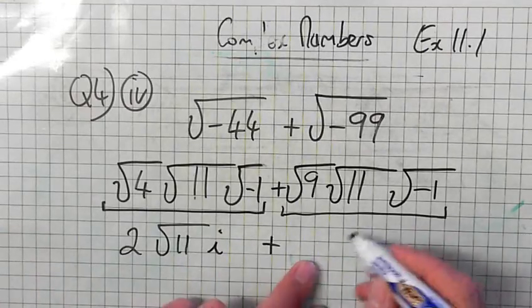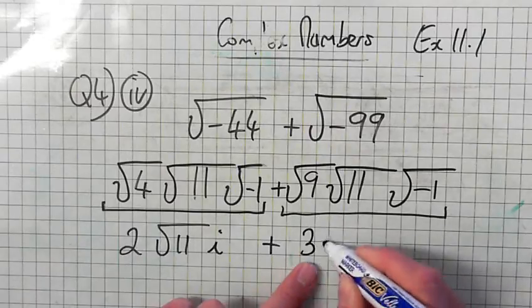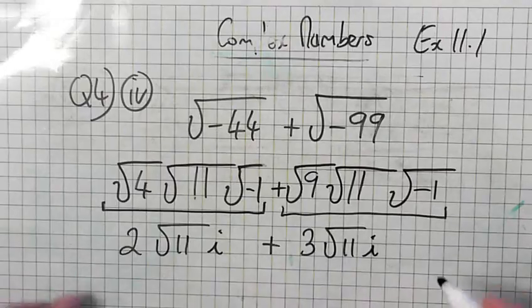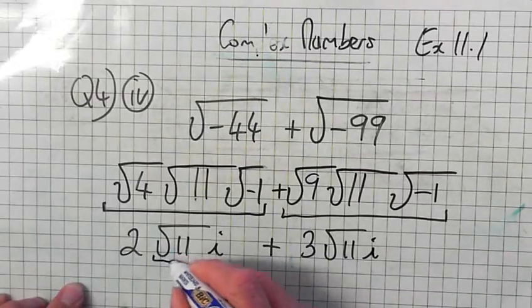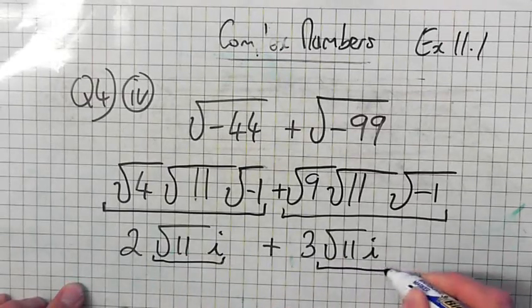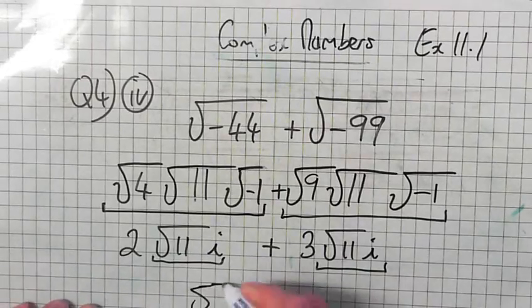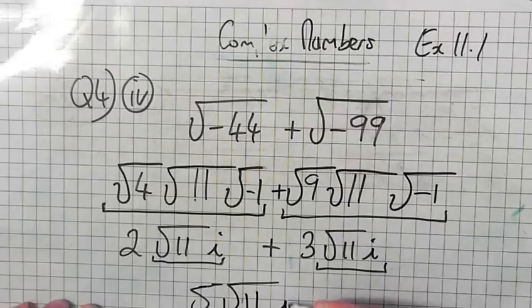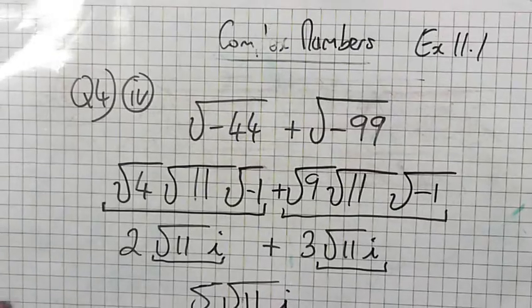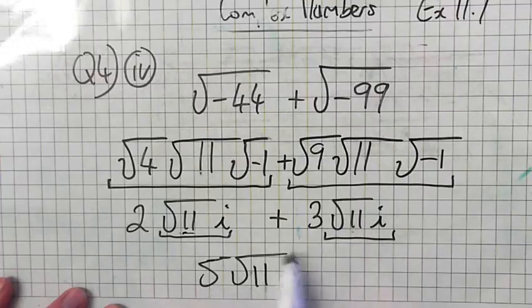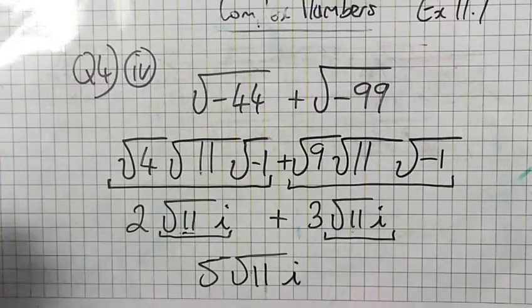Plus, on the right hand side, square root of 9 is 3, square root of 11, and square root of minus 1 is i. Now these two are the same, we can add them. 2 and 3 is 5, square root of 11i. There's 2 of these, 3 of these, so there's 5 of them altogether.